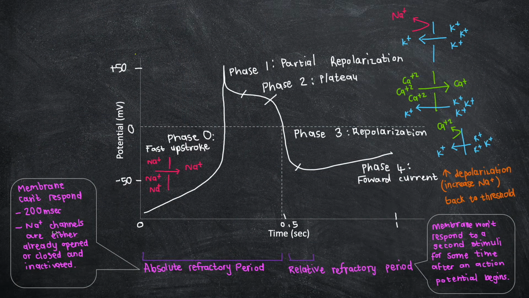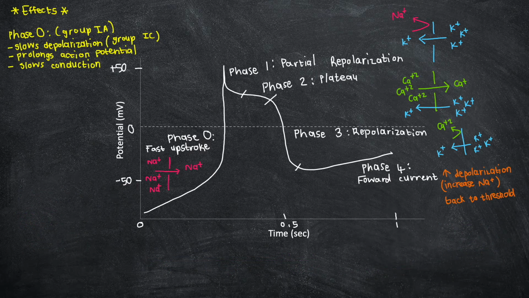Now let's focus on the phases the drugs are going to target. So phase 0, group 1A, is going to target here. And this is going to slow down depolarization. As I mentioned previously, depolarization happens in phase 0 and it's this fast upstroke situation.